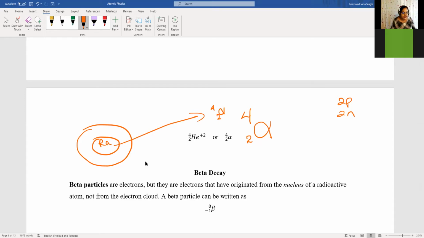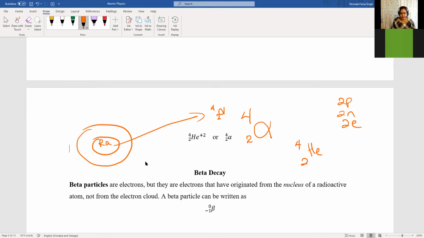It's not like radium is now going to go and look for a helium nucleus. Radium doesn't have helium in it. What it does have is protons and neutrons. And what does a helium nucleus look like essentially? This is just to make people remember it better, but I think this is just confusing you all. A helium nucleus, we know helium has 2 protons, 2 neutrons, and 2 electrons.